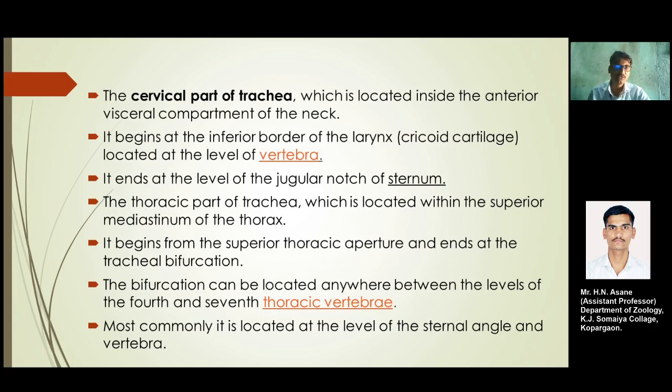It begins at the inferior border, at the level of the vertebra, and ends at the level of the jugular notch, also known as the sternum, and the thoracic vertebrae. These are nothing but the anatomical parts, which we discussed earlier also.